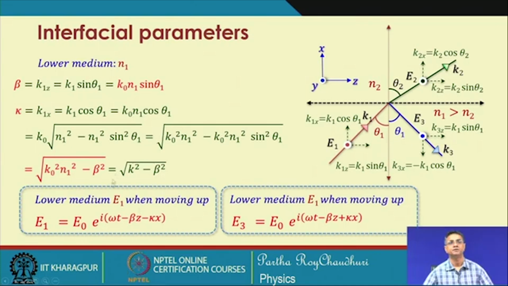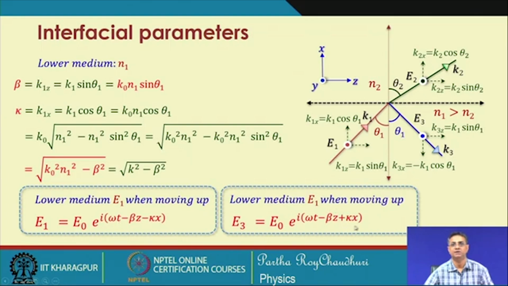So, using this kappa and beta notation, which are the x and z components of the propagation vector, I can write E 1 equal to E 0 e to the power of i omega t minus beta z minus kappa x for the wave which is moving up towards the interface. For the reflected wave coming down from the interface, everything remains the same, except that it is now travelling in the negative x direction.